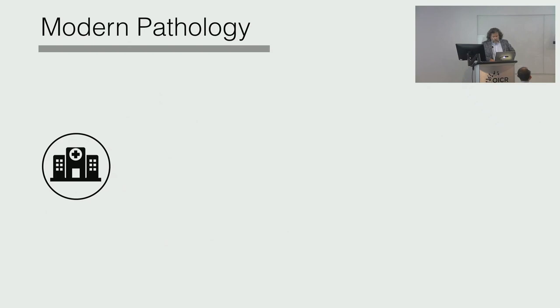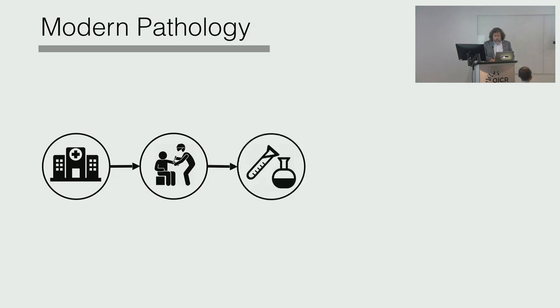For modern pathology, we have many experts who can talk in more detail about that today. From our perspective, we look at the workflow and try to understand what's going on. A patient goes to the hospital, a biopsy is taken, and a tissue sample is taken. It goes to the lab usually and gets processed.